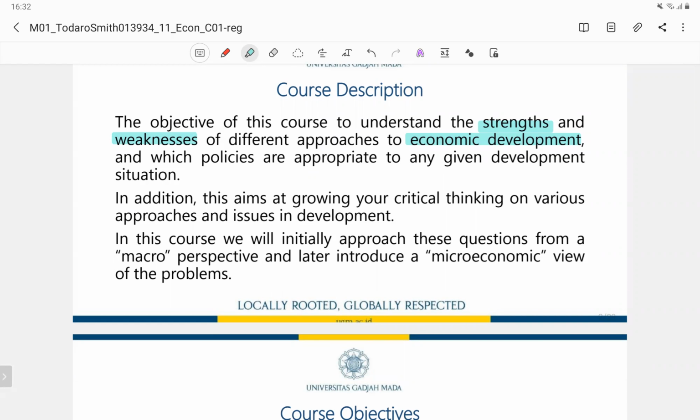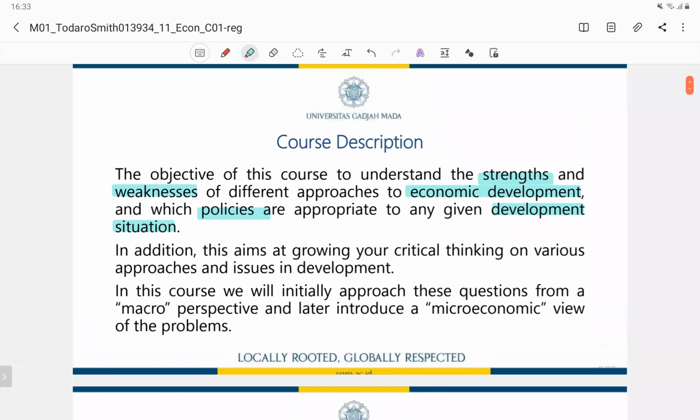Other than theory, we will also learn about policies. So which policies are appropriate to any given development situation, okay? But the policy here, the context is the policies in the ideal world. So this is still the ideal world that we're going to talk about.